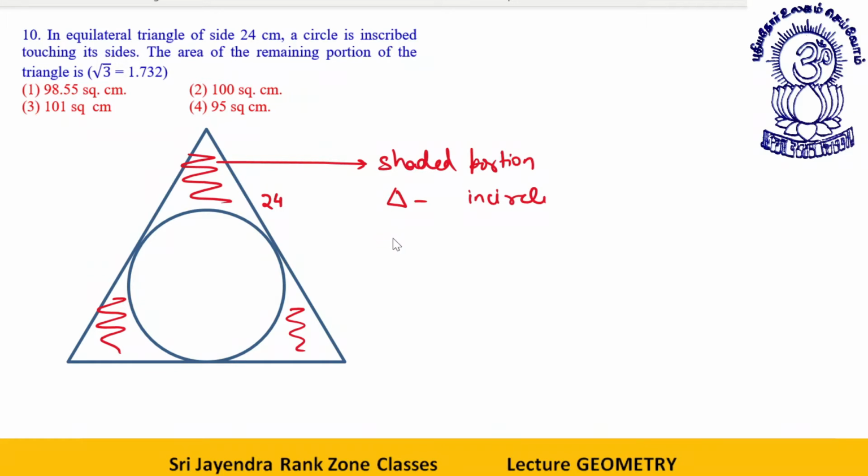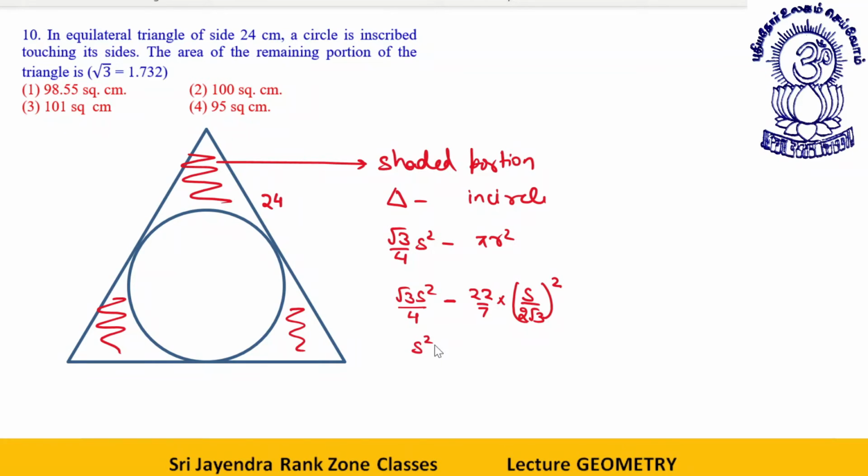What is the triangle? The area of the triangle is root 3 by 4 into side square, minus the area of the incircle, which is pi small r square. That is root 3 s square by 4 minus pi. Pi is 22 by 7. R is s by 2 root 3, square.